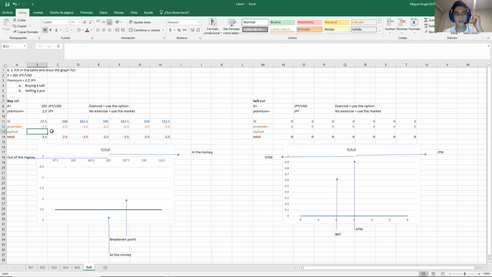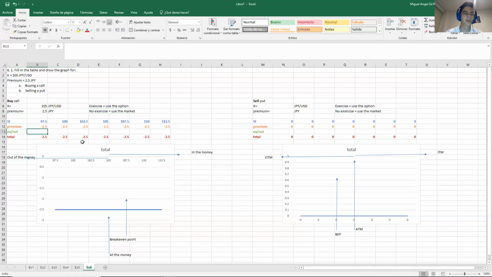Since I bought the call, if I exercise, that means that I will buy the dollar at 105. If I decide not to exercise, if I prefer to go to the market, remember this blue line is the market, if I prefer to pay only 95 instead of 105, that means no exercise and it will be a 0. Do you remember that?